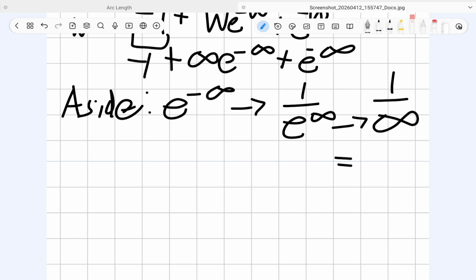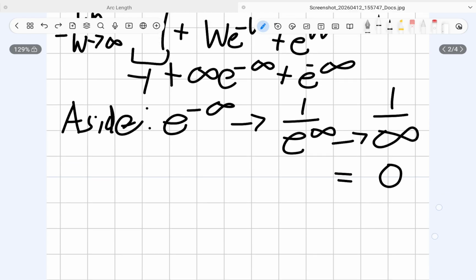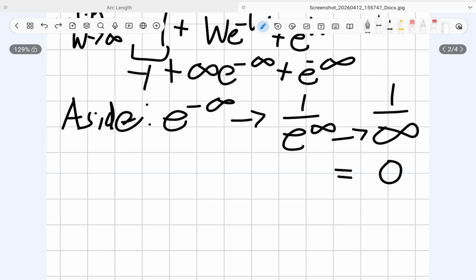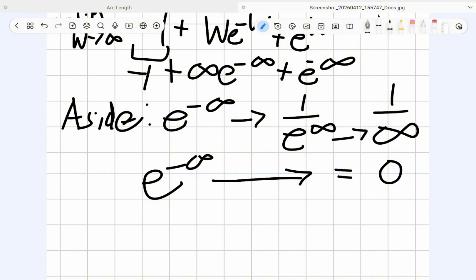But that number is going to be super, super little, so you can really assume that it's going to end up as 0, which is why it converges to 0. So setting it aside, e to the negative infinity equals 0.